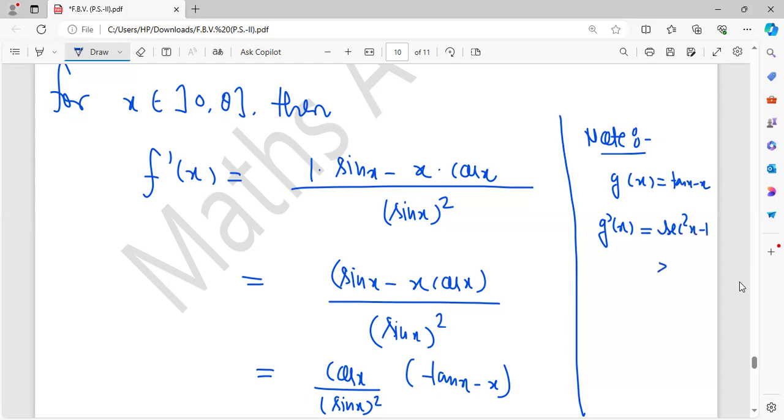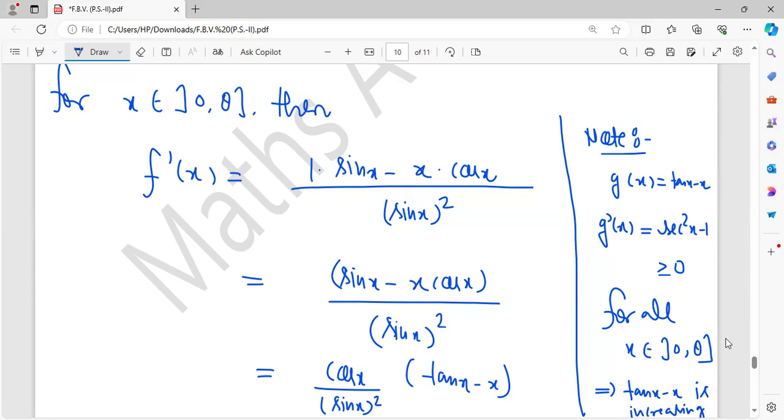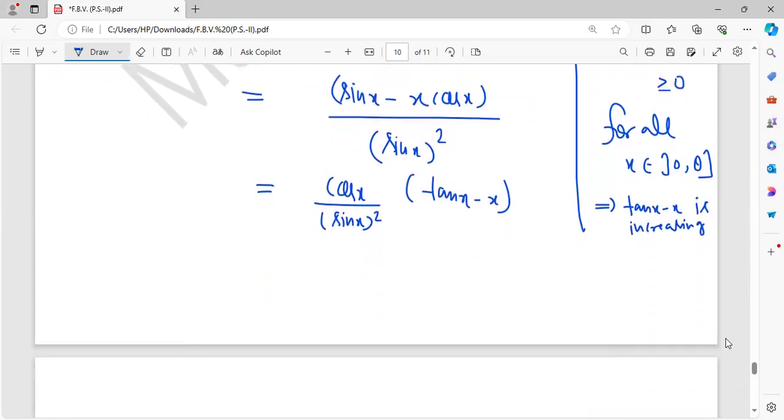But this is always non-negative for all x belonging to (0, theta). It means tan x minus x is monotonically increasing.